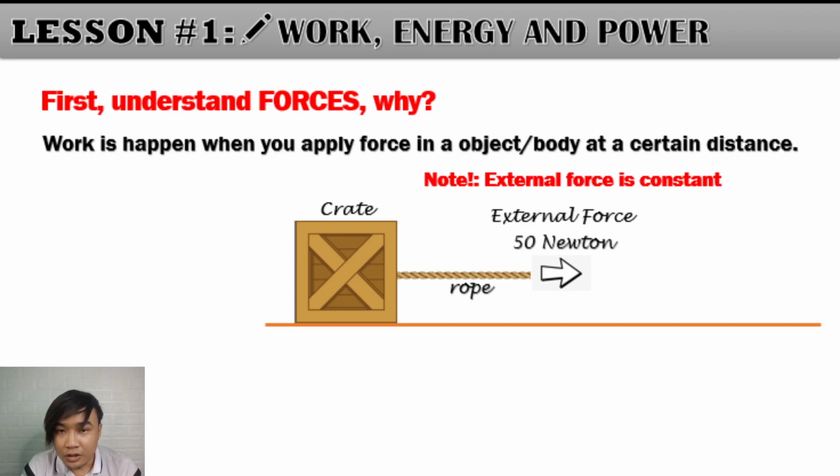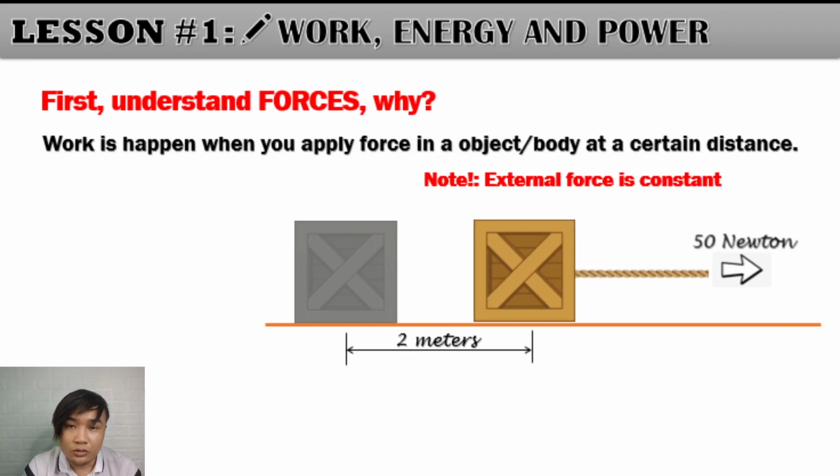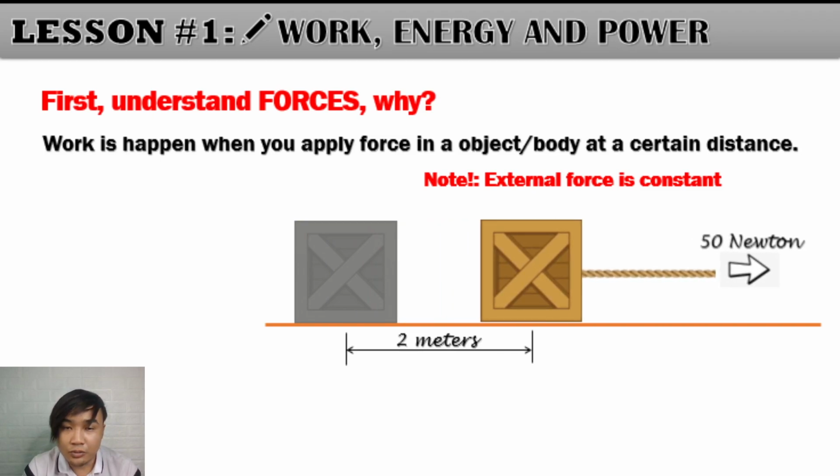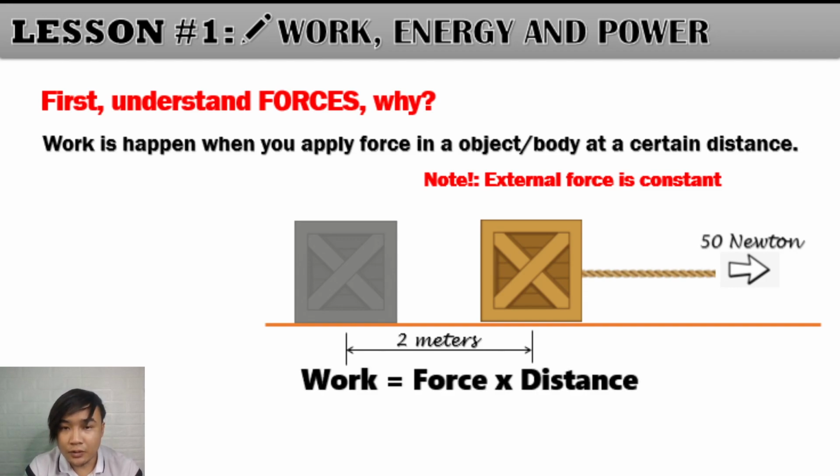Then, let's say the external force is 15 Newton. So, the crate is moved 2 meters from its original position. So, the work done is equal to force times distance. Yung formula natin, work done is equal to force times distance.